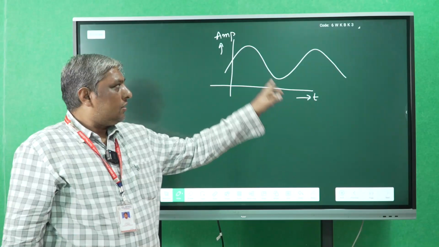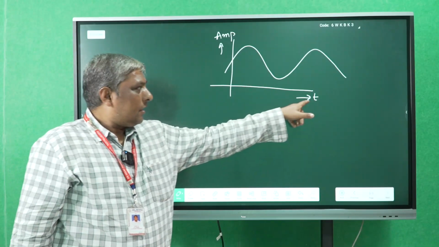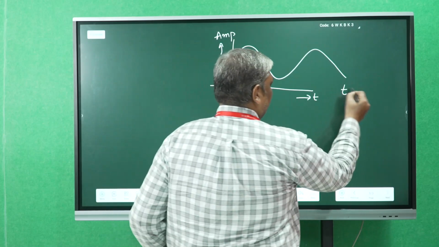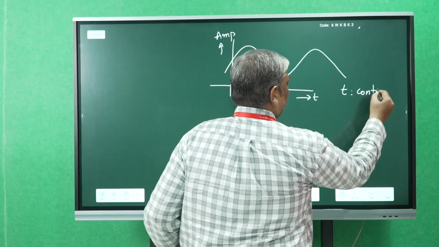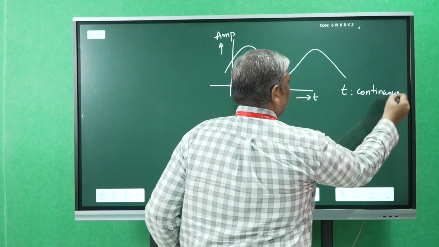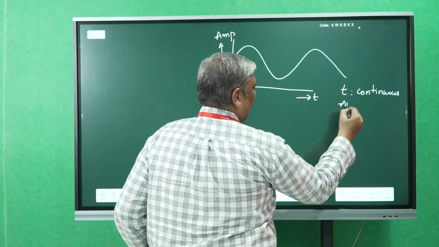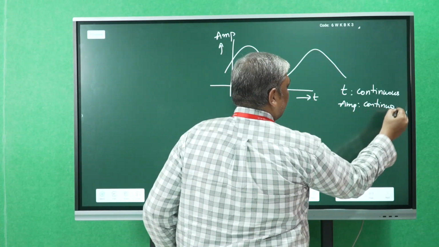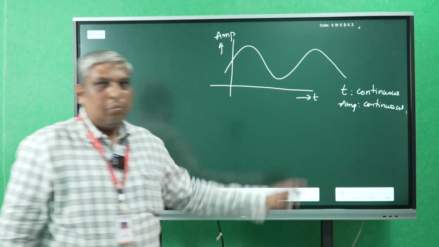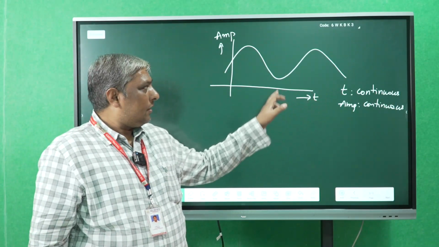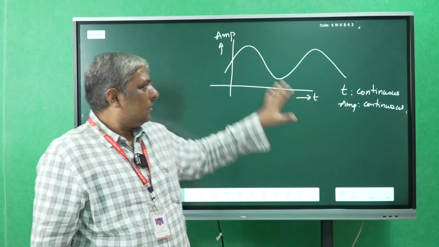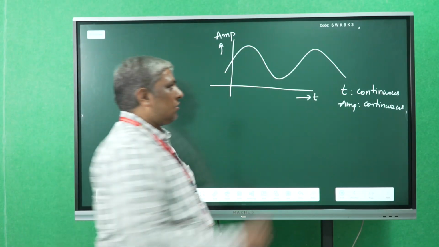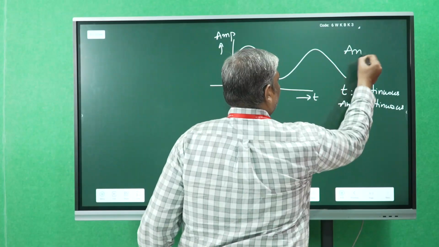Here in this signal, the time axis parameter t is continuous in nature, and the amplitude axis is also continuous in nature. When both the axes are continuous, this type of signal is called a continuous signal or simply an analog signal.